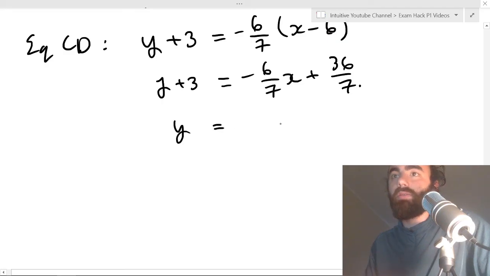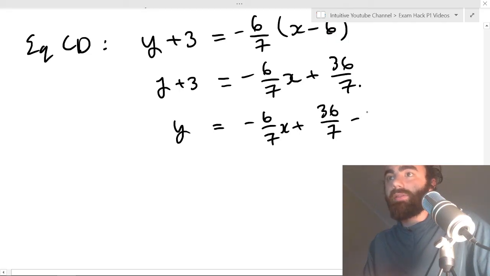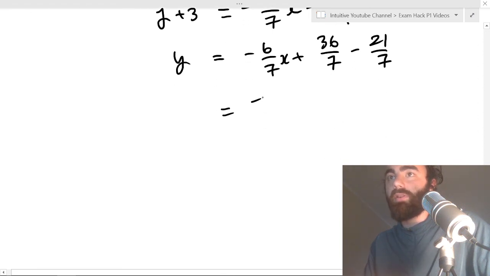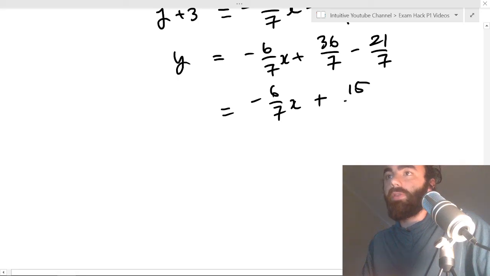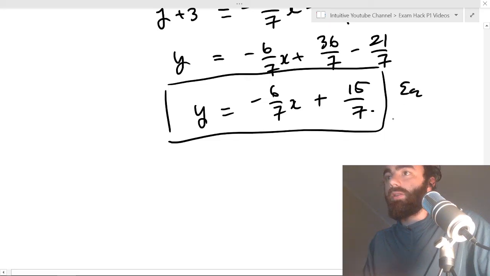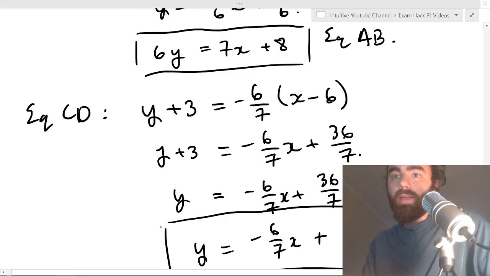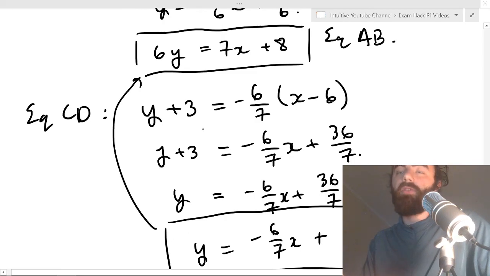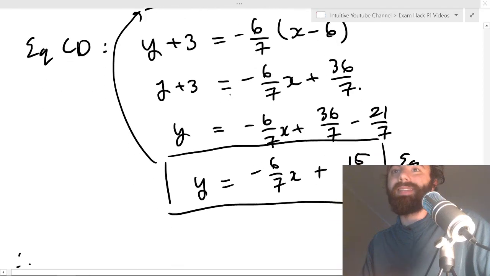So we can then take the 3 over, plus x plus 36 over 7 minus 3, which is the same as saying -21 over 7, so I can actually figure this out. 36 minus 21 is 15, so it's 15 over 7y. So that's the equation of our CD. So therefore, we just substitute our y here into here to find the x coordinate of our D.